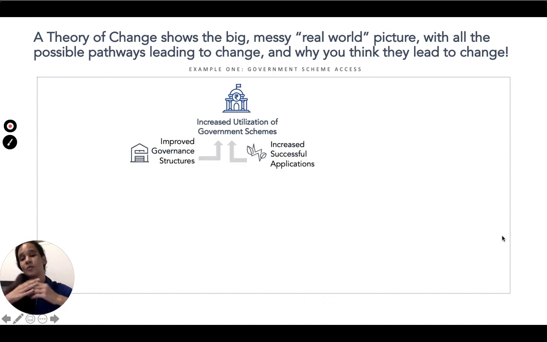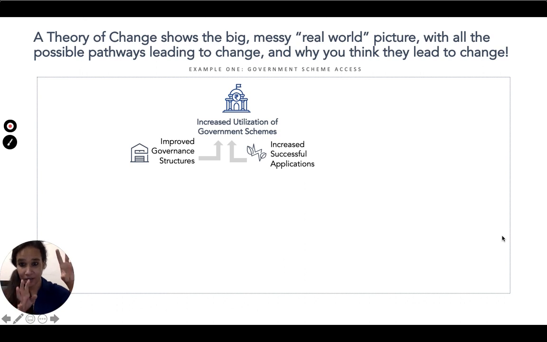So now when we start thinking backwards, you would say, okay, what do you need for increased utilization? One is that more of the target group actually applies for these schemes. So increased successful applications.